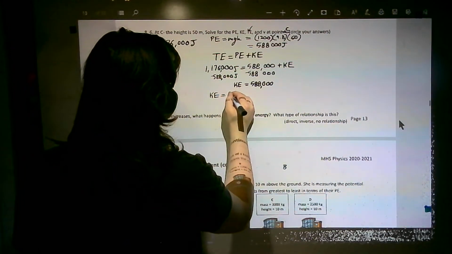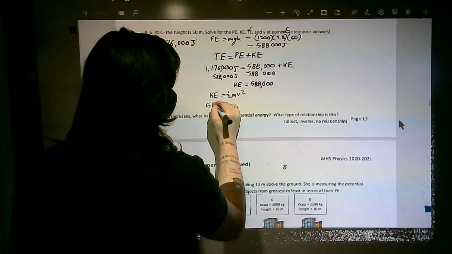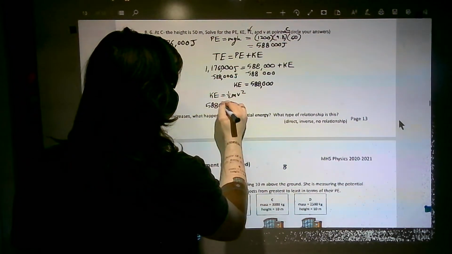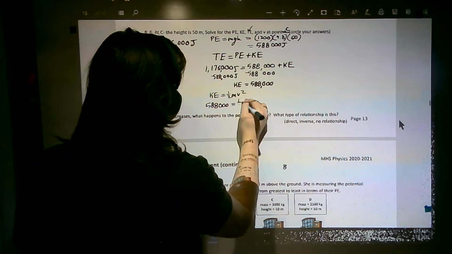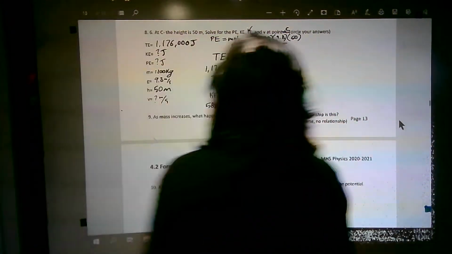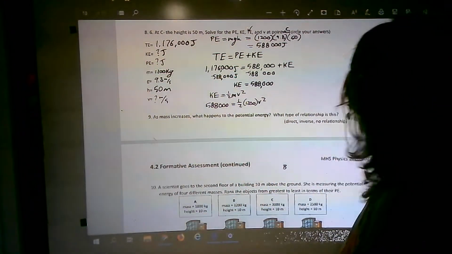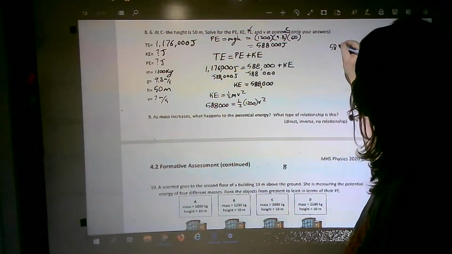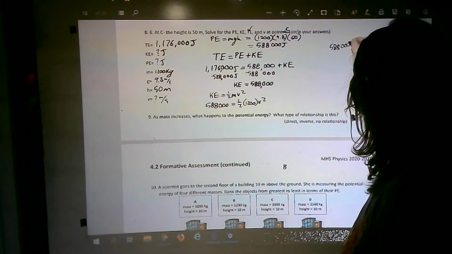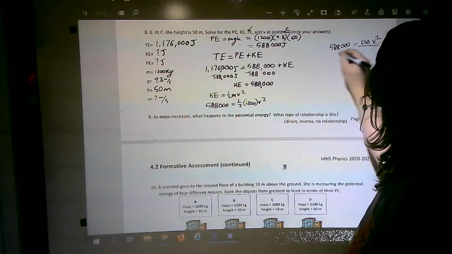Now we need our velocity. We'll do KE equals 1/2 mv squared. 588,000 equals 1/2 of 1,200 times v squared. 1/2 of 1,200 is still 600, so we'll have 588,000 equals 600 v squared.